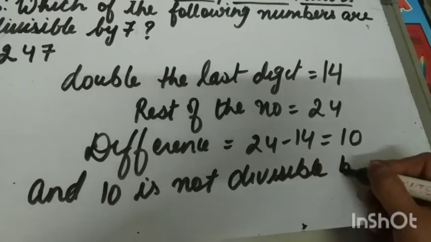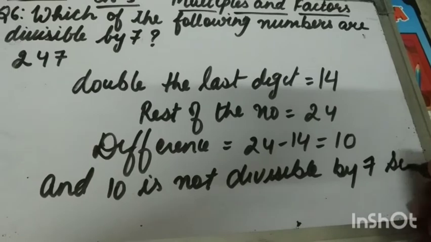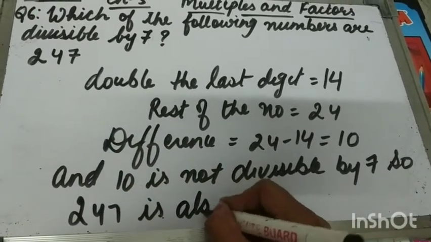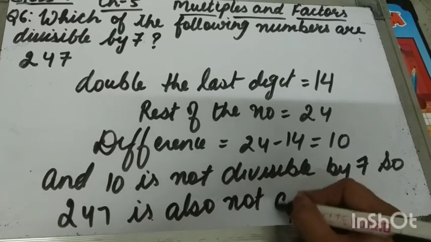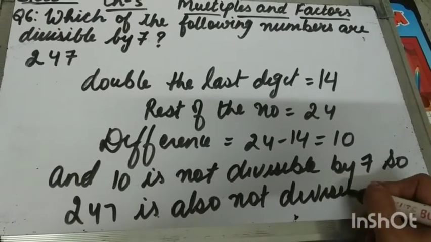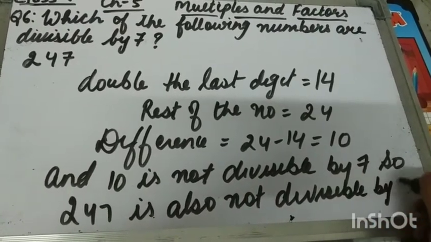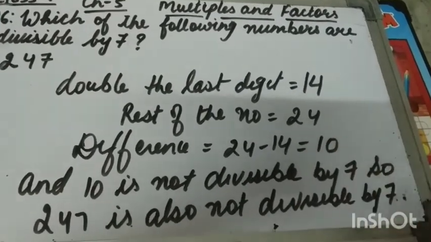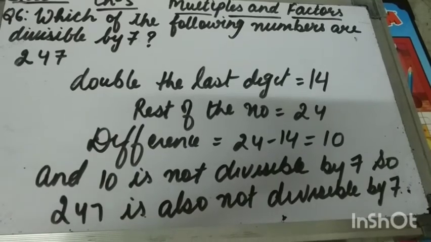So 247 is also not divisible by 7, because the difference is 10 here.